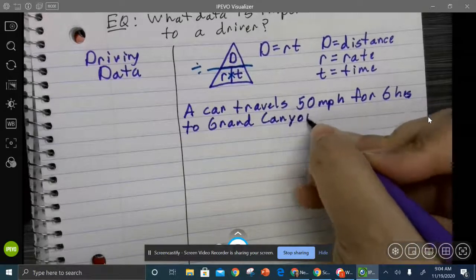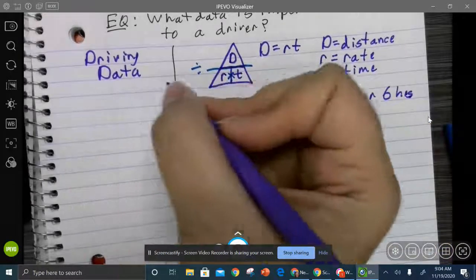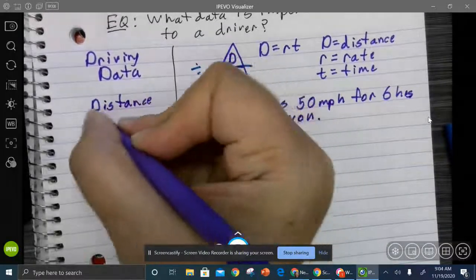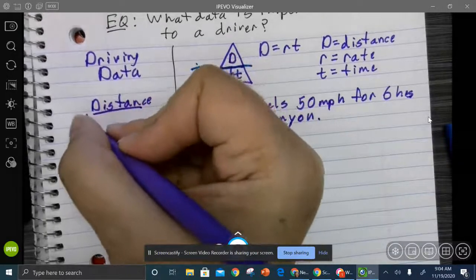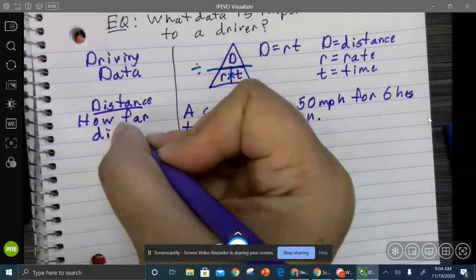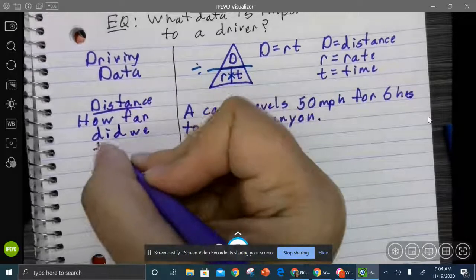The Grand Canyon is one of the 7 natural wonders of the world. This, everybody, was solving for distance. So how far did we travel?